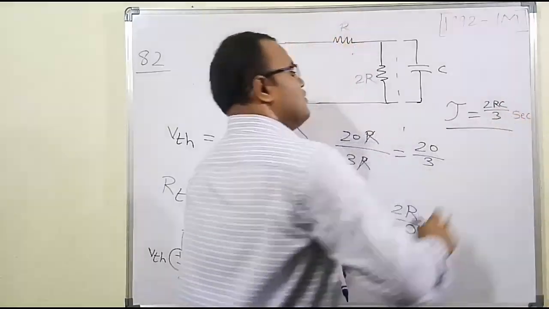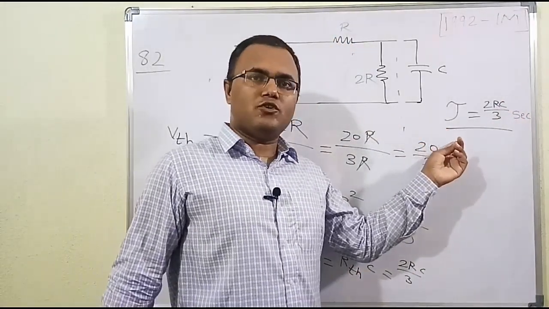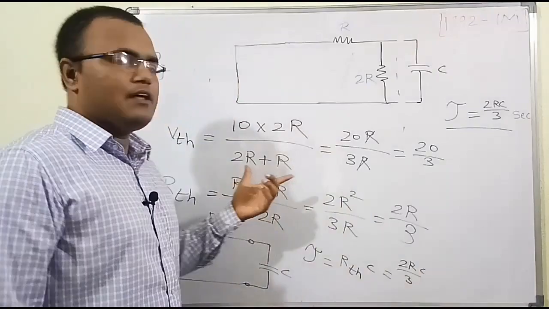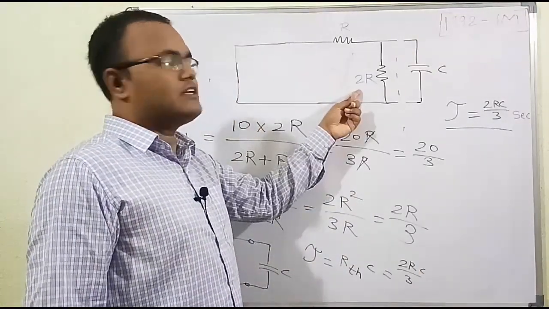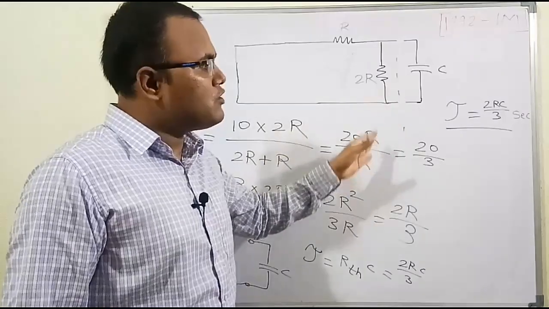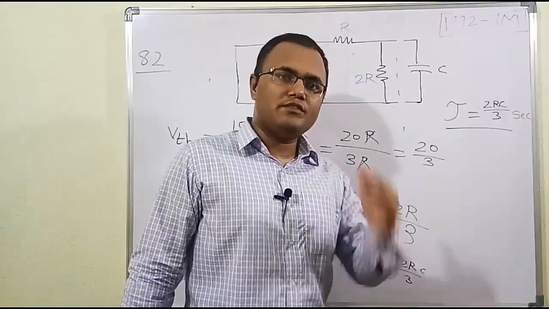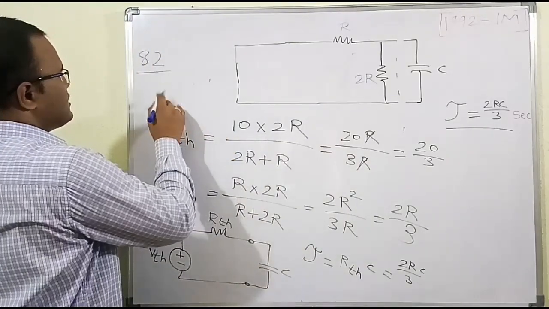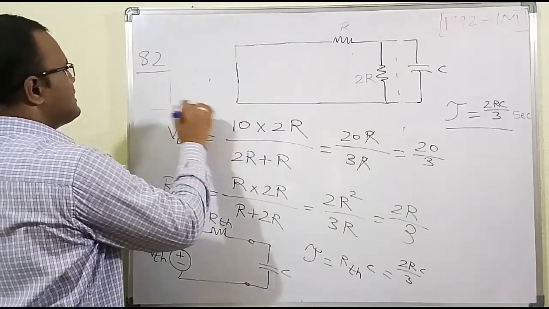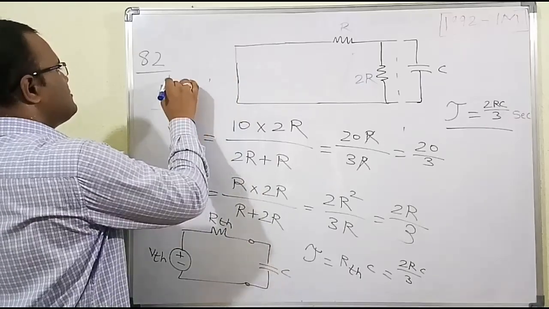The significance of the time constant is that it is the time in which the voltage across the capacitor will reach 63% of the maximum value. The voltage across the capacitor will increase from 0 to the maximum value.